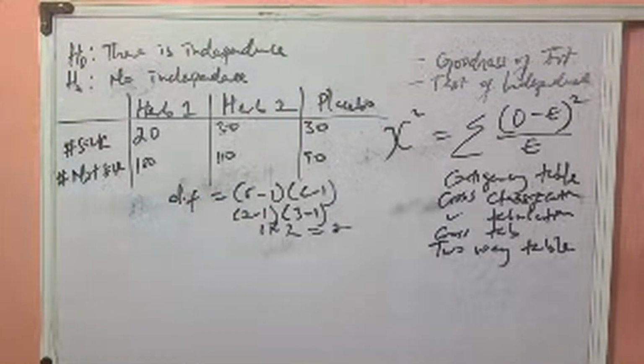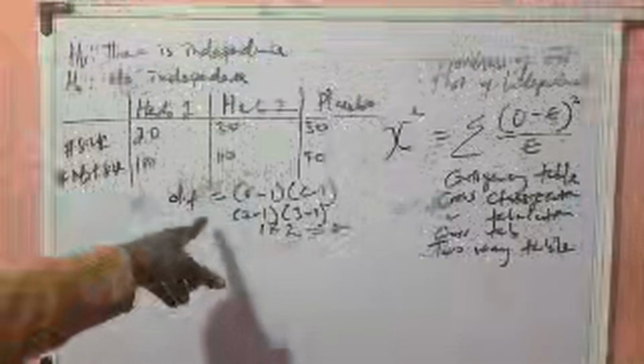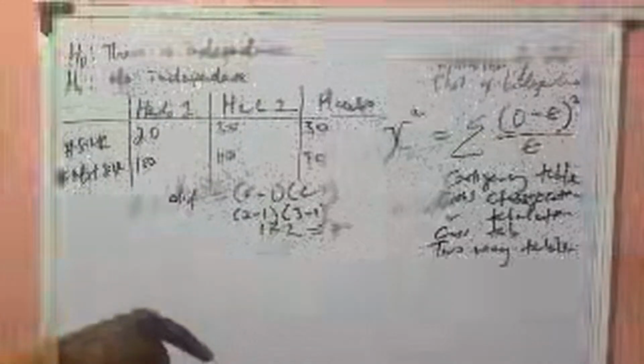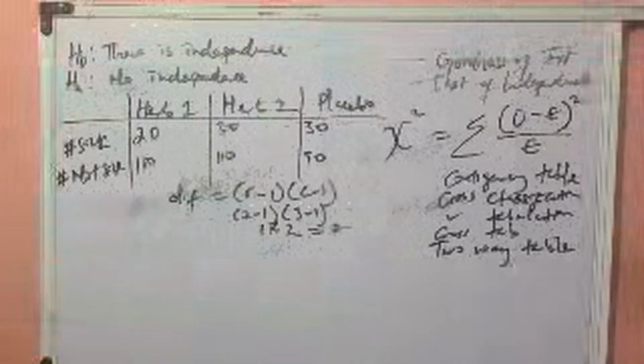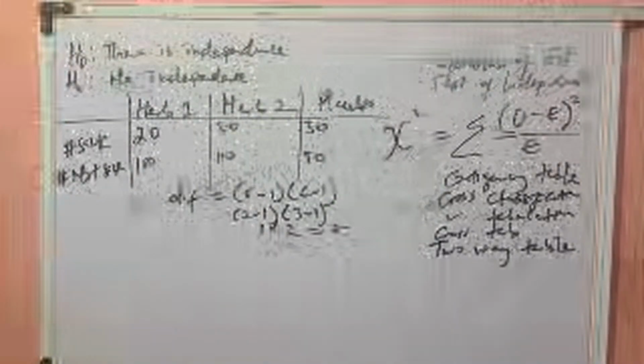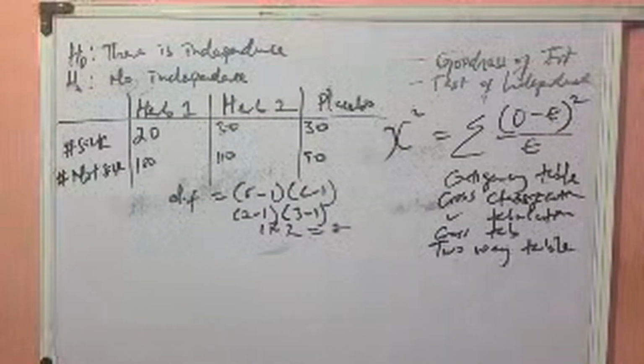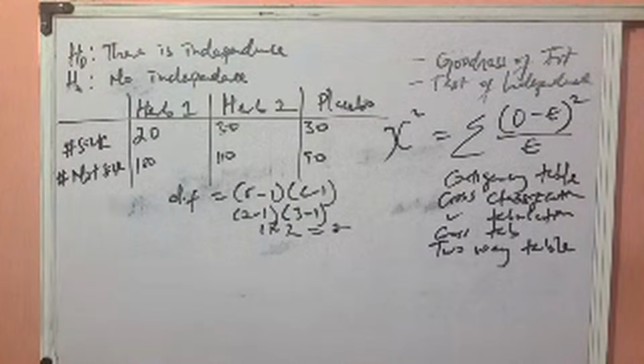Good. Now, the next thing I need to talk about is that the reason we have to find the degree of freedom is for our critical value. I told you guys already that the chi-square distribution is a right-skewed distribution, and I gave you a sketch of how it looks.